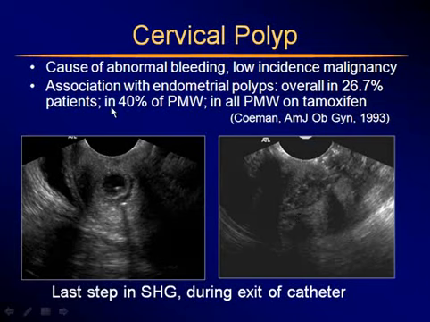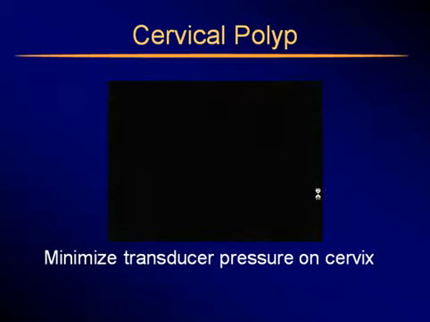So there is an association of cervical polyps with endometrial polyps. Overall, in about 27% of patients, there is a cervical polyp along with endometrial polyps. In 40% of postmenopausal women, and in all postmenopausal women on tamoxifen, they found that they had additional cervical polyps, so we should look for them.